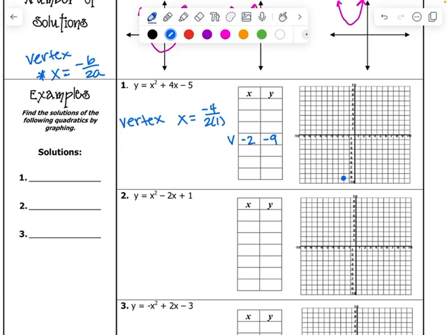So let's do this. We need to pick a couple points to the left and a couple points to the right. Now, we know that this parabola opens up because our a is positive. So we know we are going to have 2 solutions because this is opening up. We're going to hit the x-axis 2 different times.